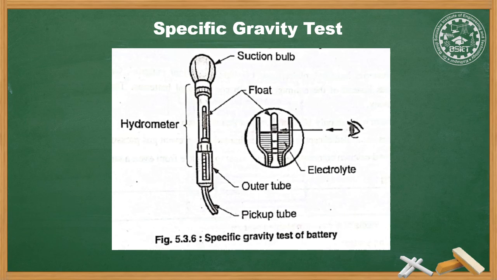If the reading is 1.2 to 1.21, it is 3/4 charged. 1.175 to 1.185, it is half charged. If the reading is 1.1 or 1.10, then the battery is discharged.